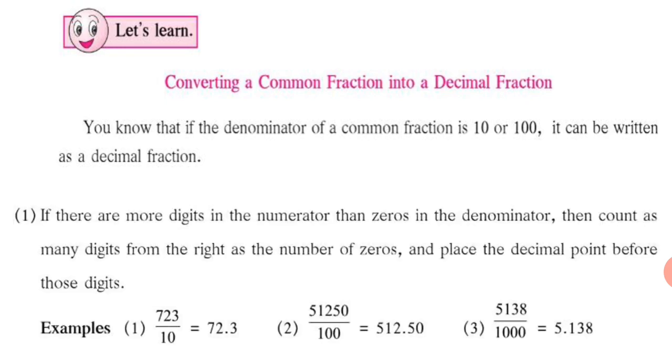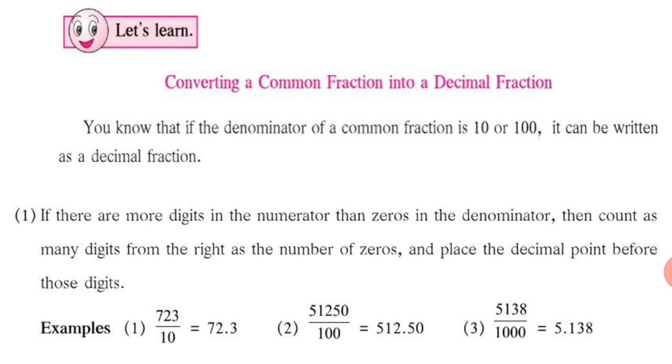Now here you see more digits in the numerator than the zeros in the denominator. Then what you have to do while writing the answer, you have to count how many zeros are there in the denominator. Let's have a look at example number 1. In example 1, we have 723 upon 10.